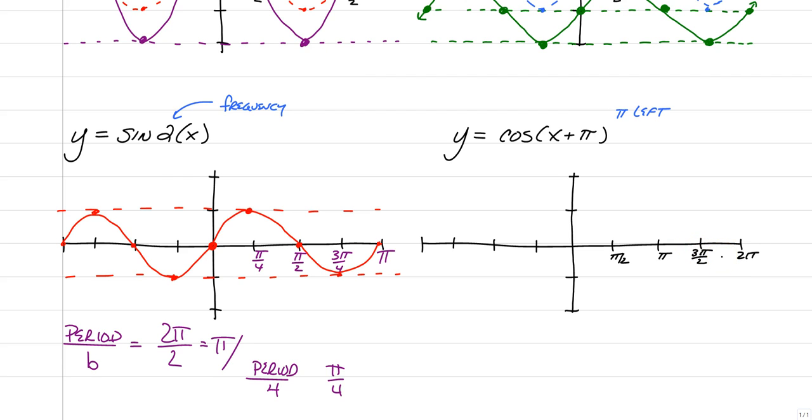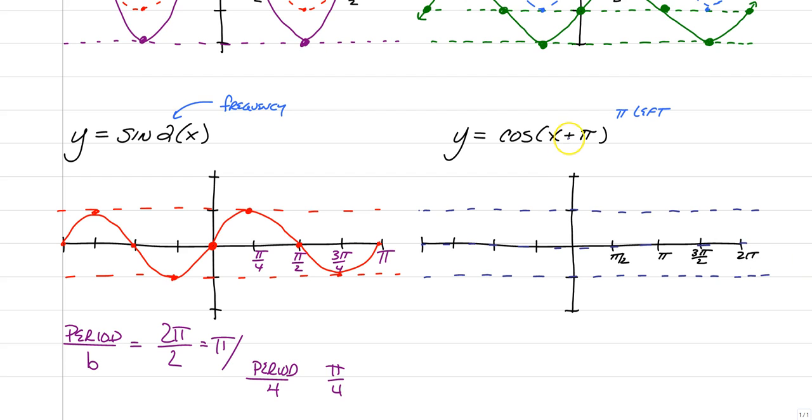So how do we graph one of these? Well, there's a couple of different ways you can do it, but I'm going to show you my favorite way. And my favorite way to do these is to have a new starting point. So you obviously know the x-axis is our node. We have an amplitude of 1, so we're only going to go 1 above it and 1 below it.